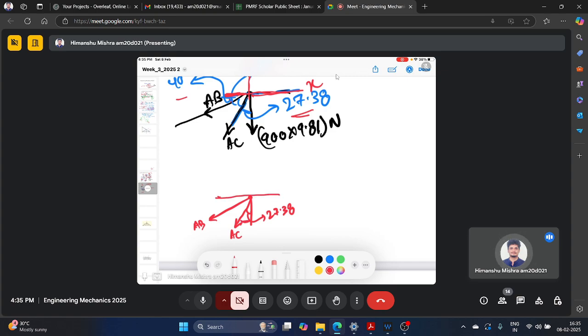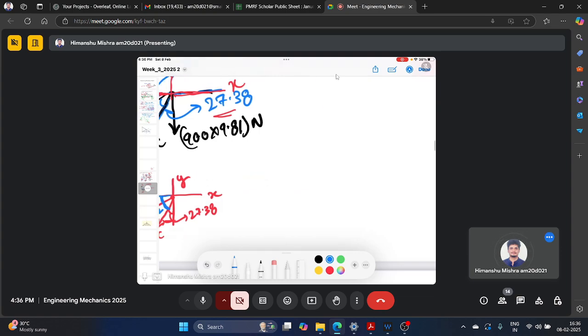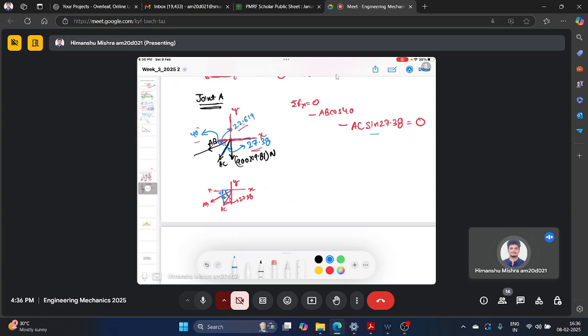Because if you draw the triangle here, it will come out to be sine 27.38, which is the x component. But you can also choose this angle, right? And it is 40, this is 22 roughly. If you choose this angle, it will become angle 62. And you can see, then you have to use cos 62. So this can be written as cos 62 as well.